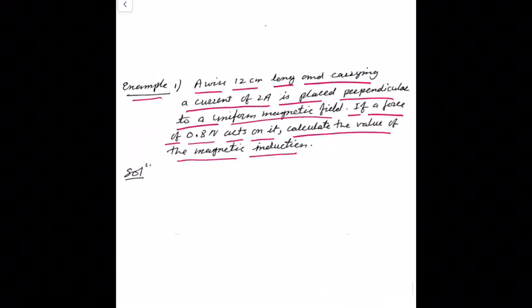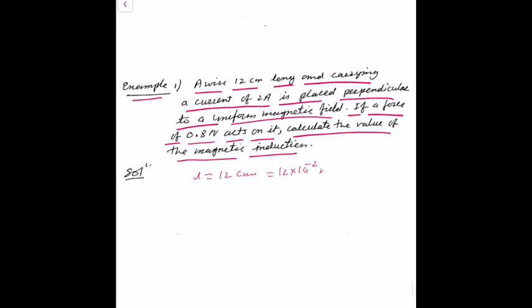Solution of this example: L is equal to 12 centimeter, means 12 into 10 to the power minus 2 meter, and I is equal to 2 ampere, and F is equal to 0.8 Newton and theta given 90 degree.